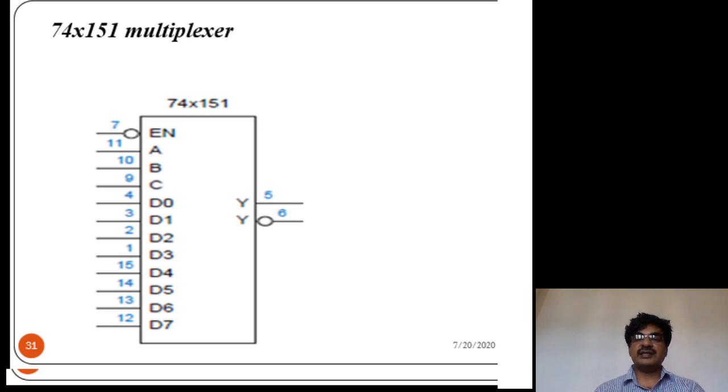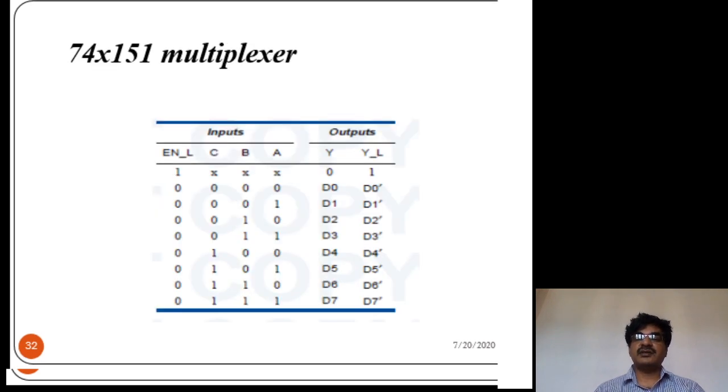So let us see the truth table of this IC 74151. The truth table shows the enable input and select inputs, and the outputs, both true output and complement output, we can observe here. If the enable value is 1, since the enable input is active low, the IC is totally in disable or inactive mode.